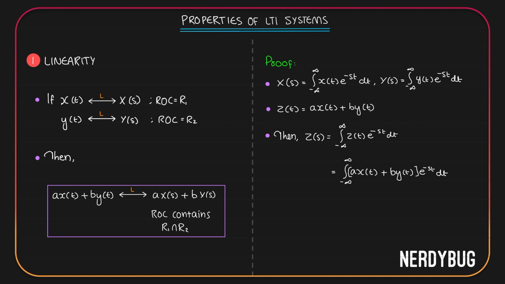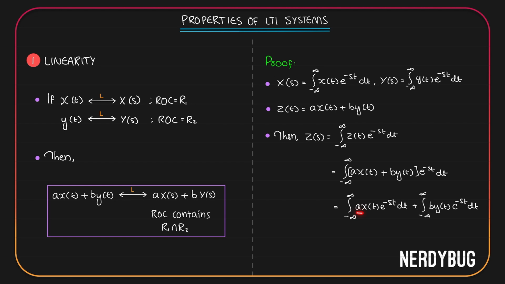We can split the integration into two. We get integral from minus infinity to infinity ax of t e raised to minus st dt plus integral from minus infinity to infinity by of t e raised to minus st dt.